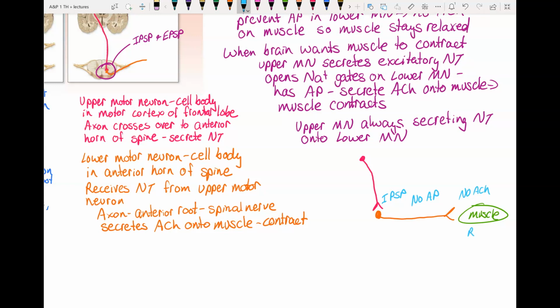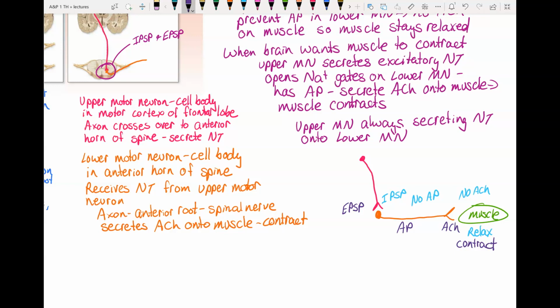So the muscle is relaxed. If you do have excitatory neurotransmitter here, then you do have an action potential. You do have acetylcholine, and you contract. So whether or not you get acetylcholine and contraction depends on which neurotransmitter you're secreting onto that lower motor neuron.